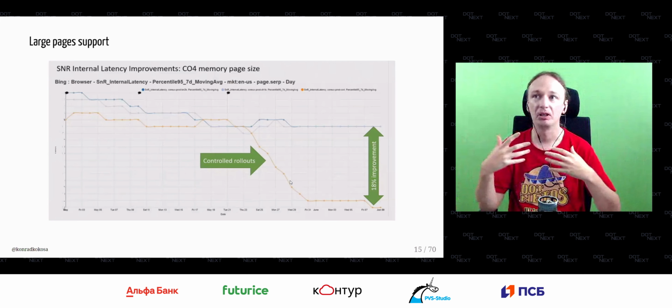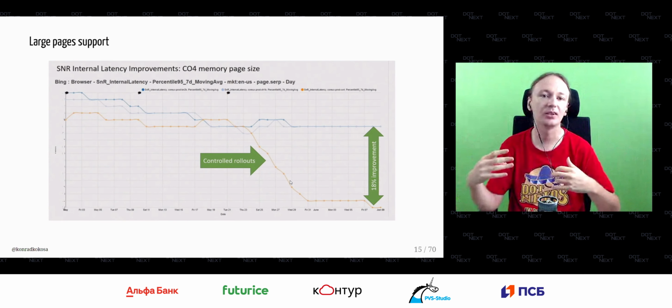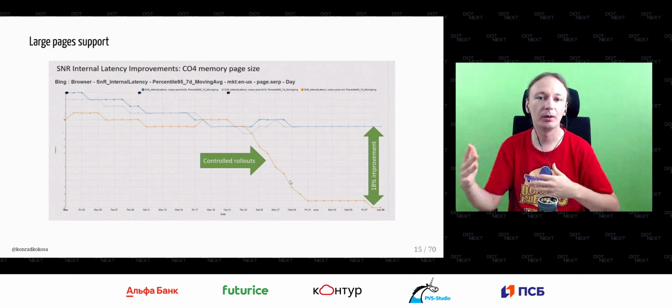One of the clients that drove this change was Bing, because Bing is a huge web application. It stores a lot of caches. So they had this problem of using a huge amount of memory, and Bing is using this flag with the large page support.